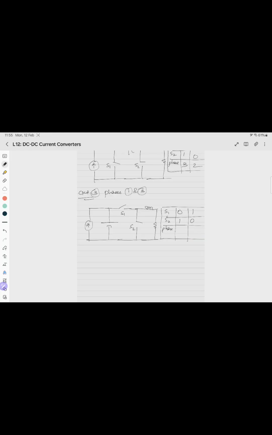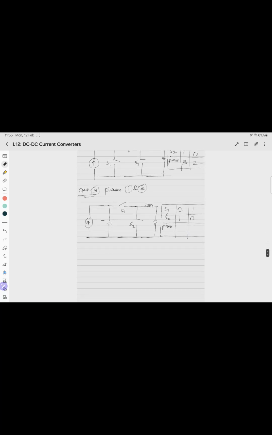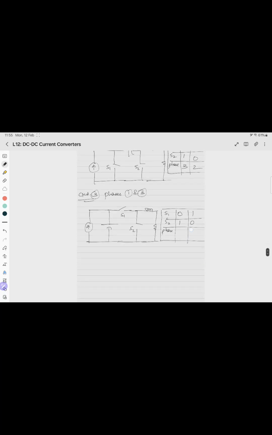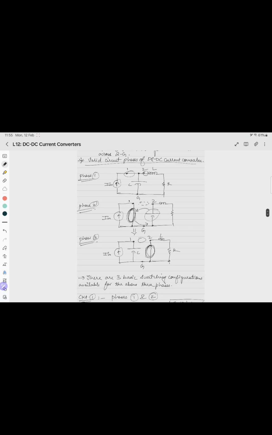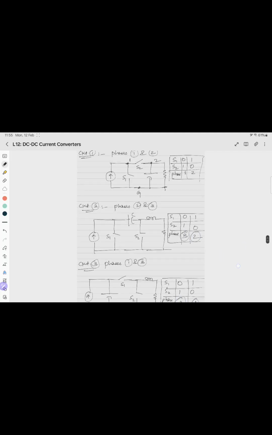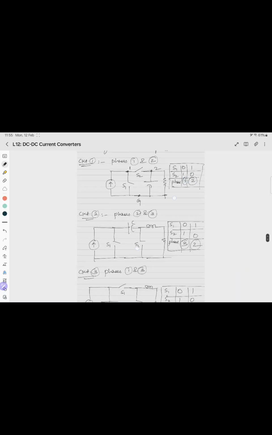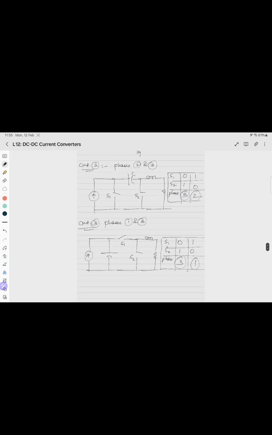If S1 is off, S2 is on, which means that the load is short circuited. Out of 1 and 3, where the load is short circuited is in 3. So this will be 3 and this will be 1. So this I will circle to avoid confusion that these are the valid phases. So these are the basic circuit configurations of DC-DC current converters.